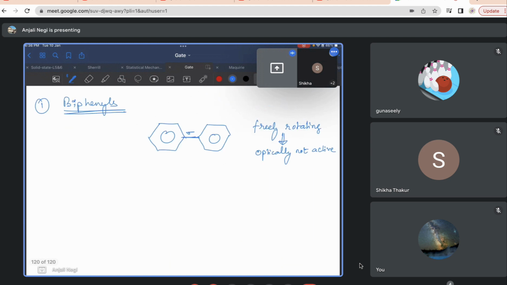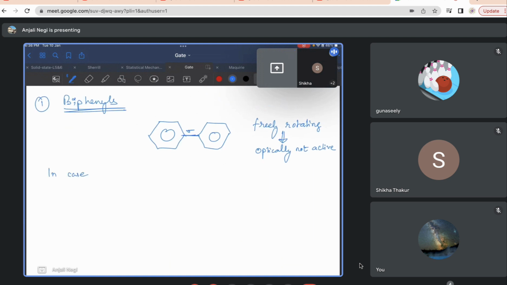But in case they have some substitution or some restriction, so that the rings are perpendicular to each other or restricted to rotate, then for example, say you have this.